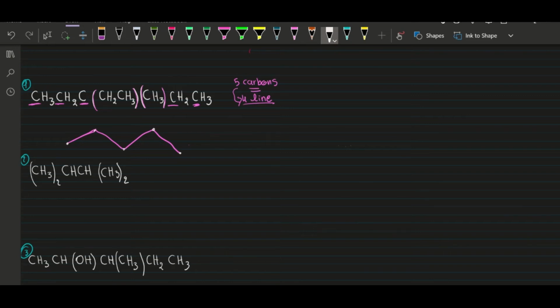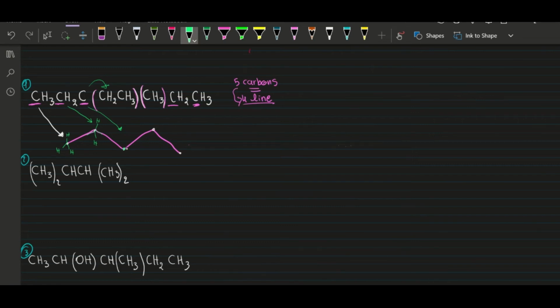So this one is gonna be this right here. It's gonna be attached to 3 hydrogens, right? This is gonna be here, 2 hydrogens, because it's in the middle and it already has 2 bonds. This carbon right here, this guy, is going to have substituents, right?